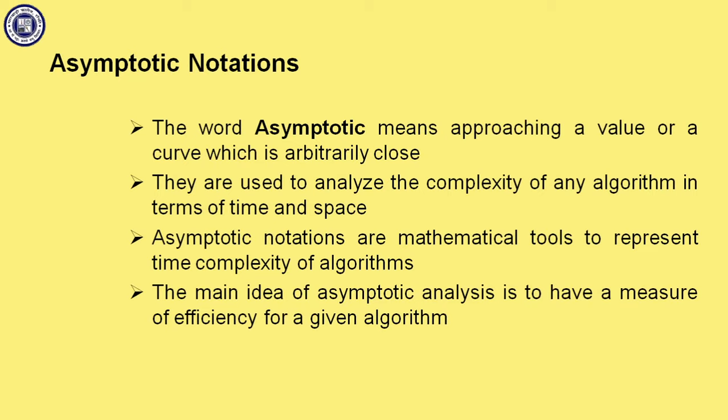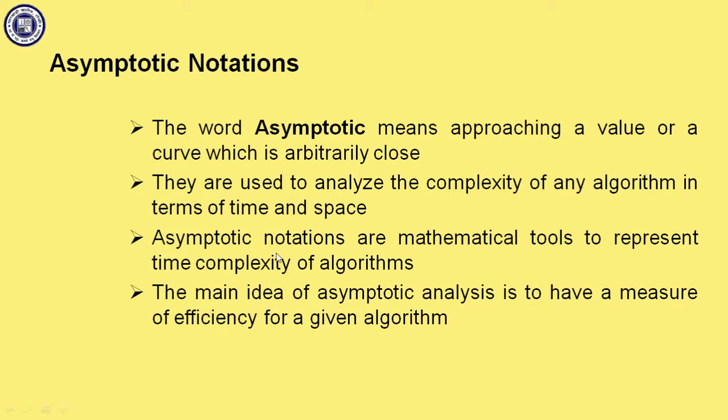But one thing is common, that all of them measure the complexity levels, the efficiency, the growth of an algorithm in three different ways. Now these asymptotic notations are used to analyze the complexity of any algorithm in terms of time and space. Just now we have discussed the time and space trade-off.